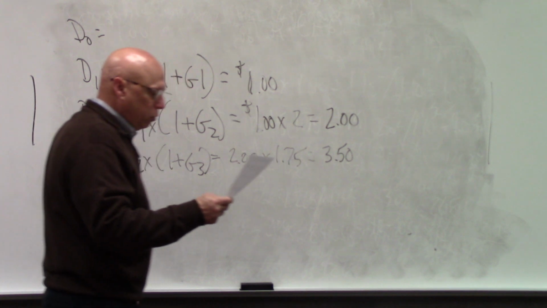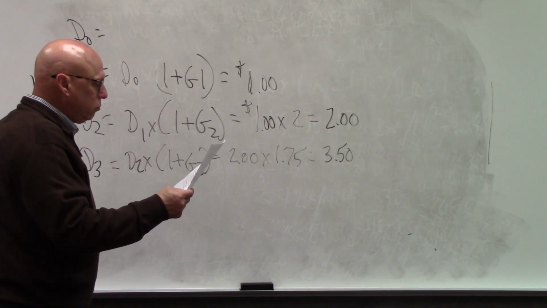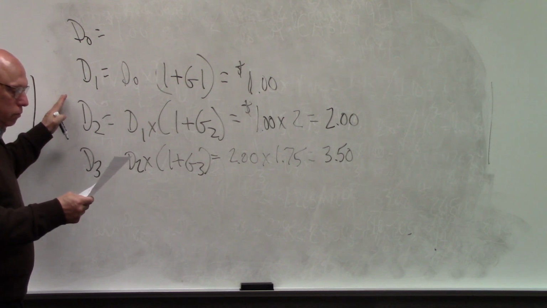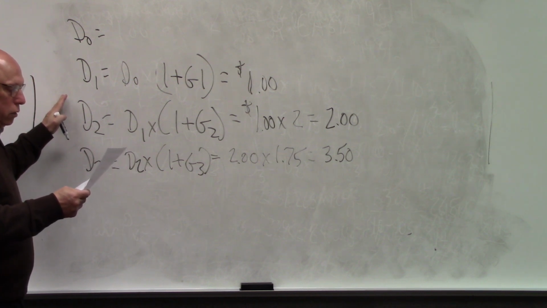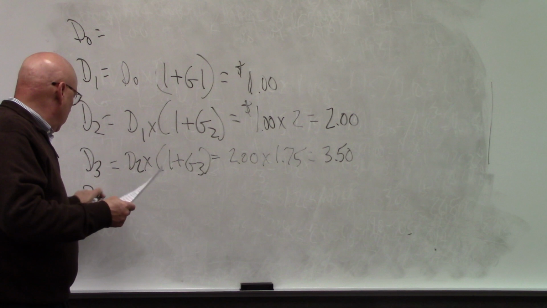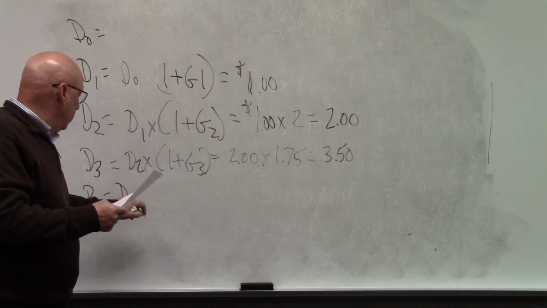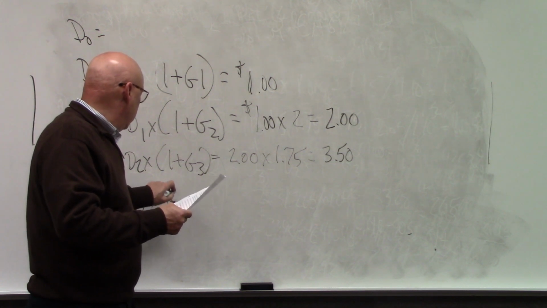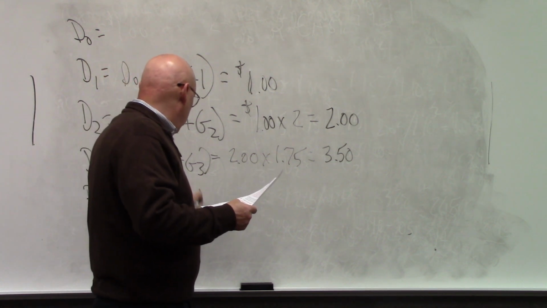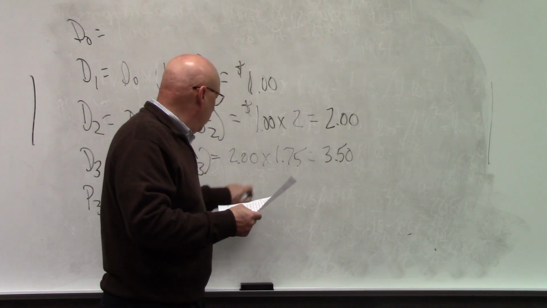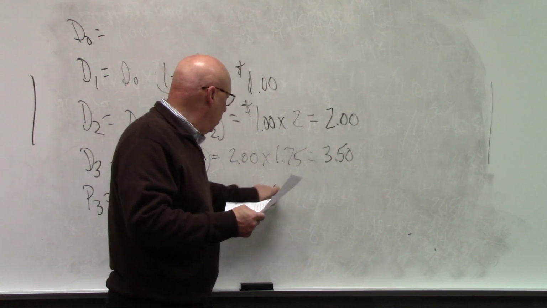So we've got 3 dividends, D1, D2, and D3, and then 15% thereafter. P3 equals D4 divided by K minus G, and D4 equals D3 times 1 plus G4.